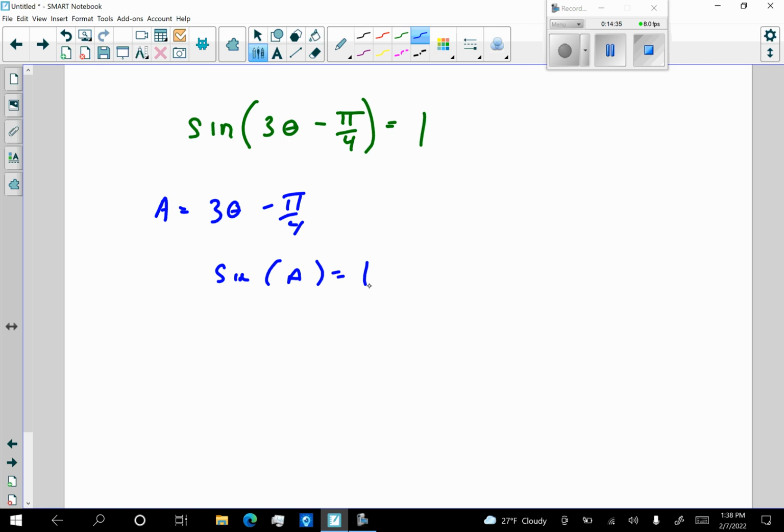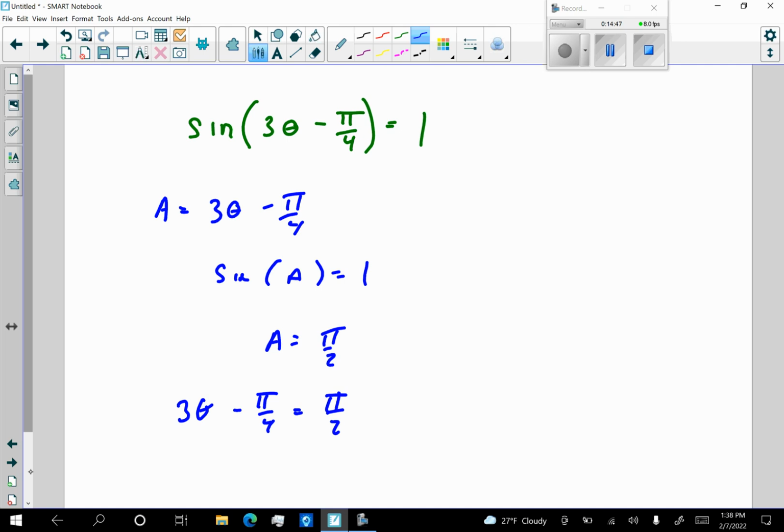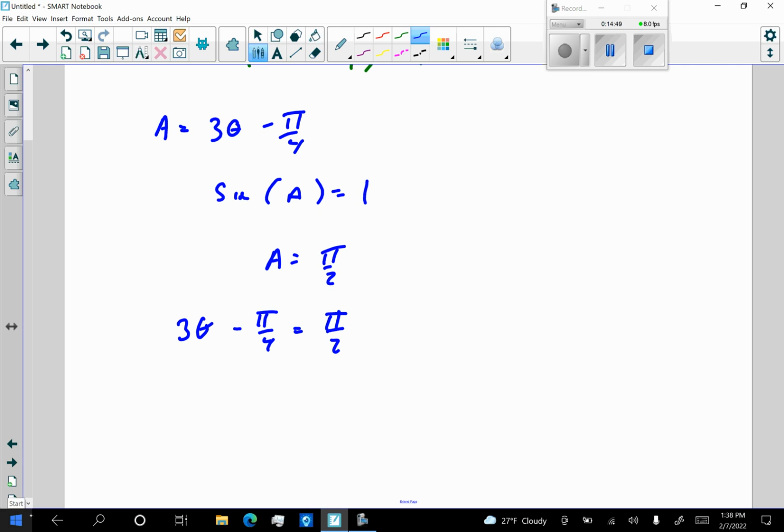I'm going to let the unit circle say, hey, a has to be pi over 2. Therefore, 3 theta minus pi over 4 is equal to pi over 2. Keep in mind, if the video is going too fast, you can always pause the video. I'm going to add pi over 4 to both sides. This is 2/4 pi. So 3 theta is equal to 3/4 pi. Now I'm going to divide both sides by 3, and that says theta is equal to pi over 4. Very good, Roscoe.